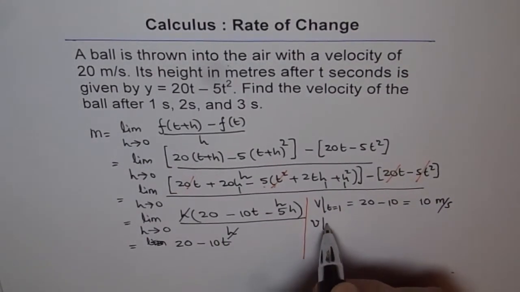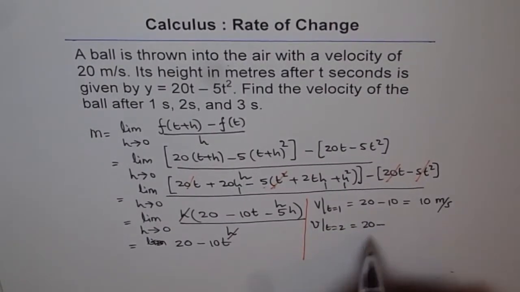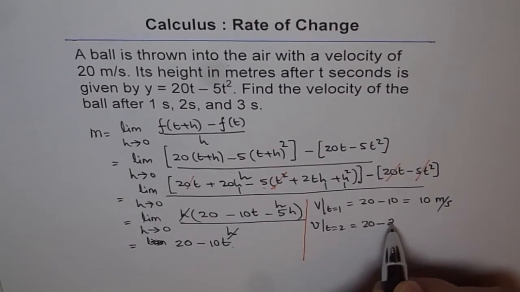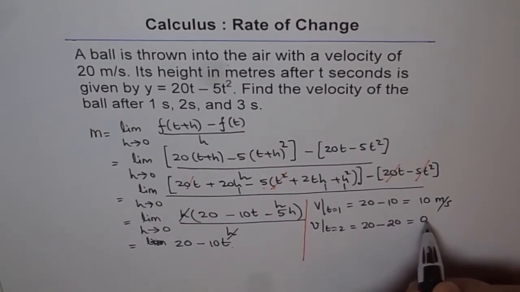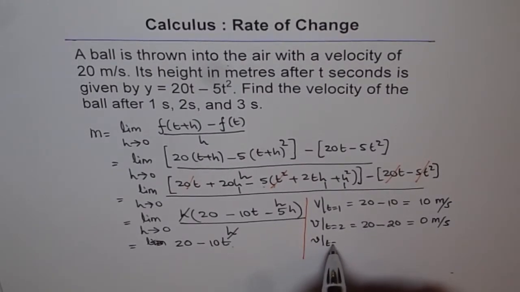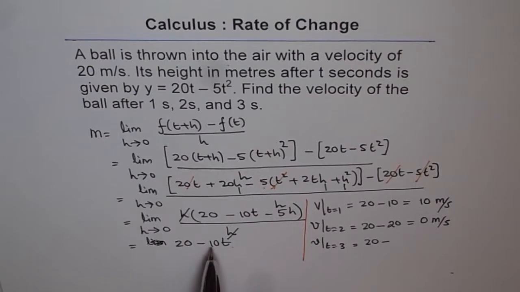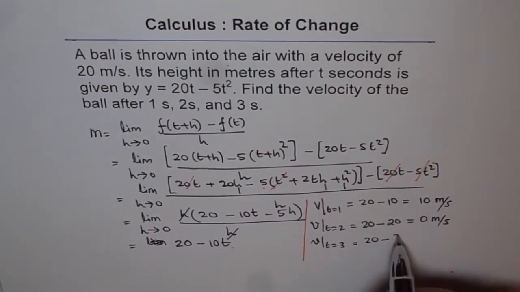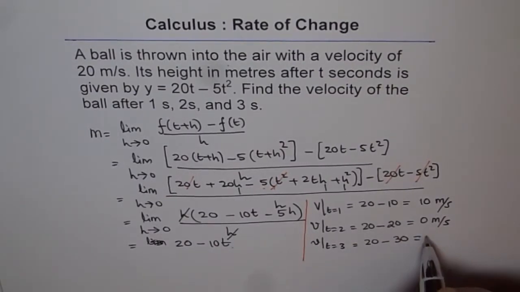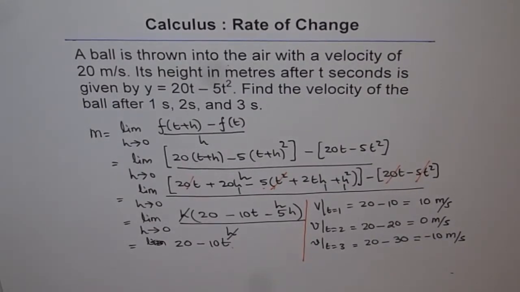Similarly, velocity at t equals 2 will be 20 minus 10 times 2, which is 20, and so I get 0 meters per second. And velocity at t equals 3 will be 20 minus 3 times 10, which is 30, so we get minus 10 meters per second. So that is our answer.